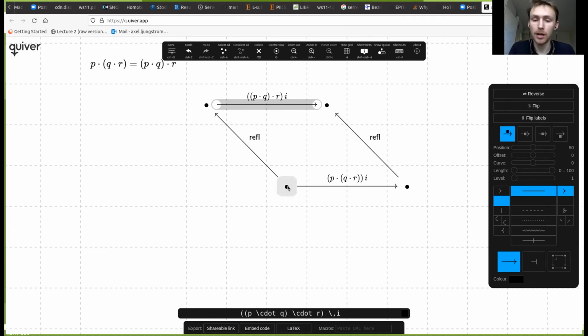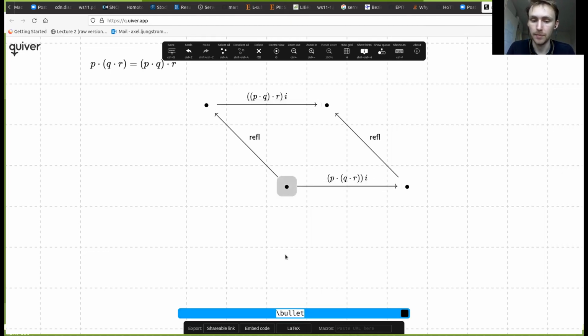Okay, so actually, let's write out what the corners are. So this whole thing is a path from X to Y, Y to Z, Z to W. So this is a path from X to W. And this is a path from X to W too. So on the two sides here, we have just REFL.